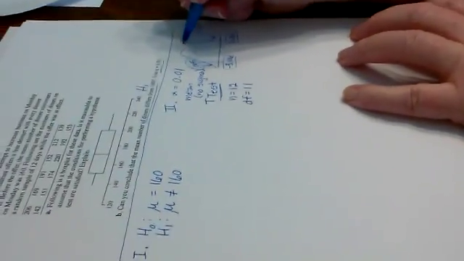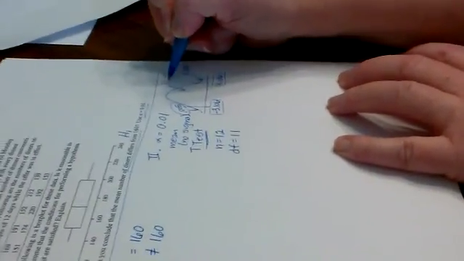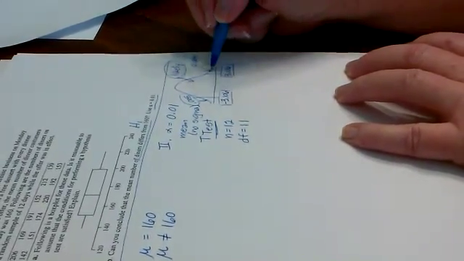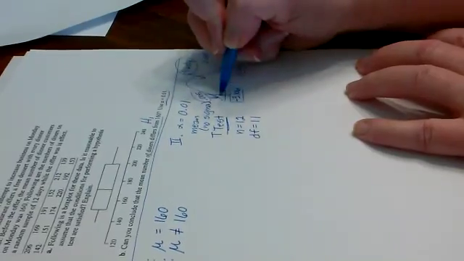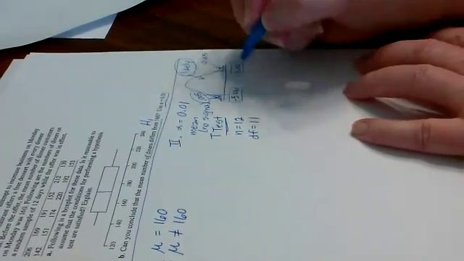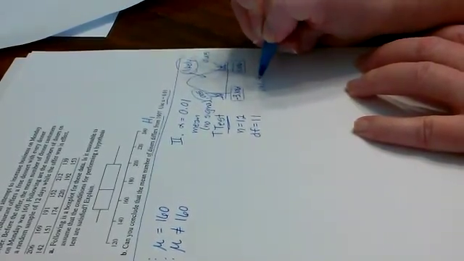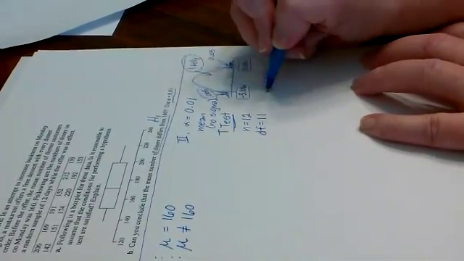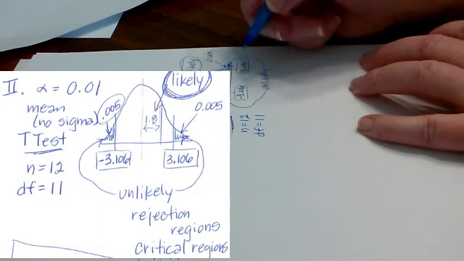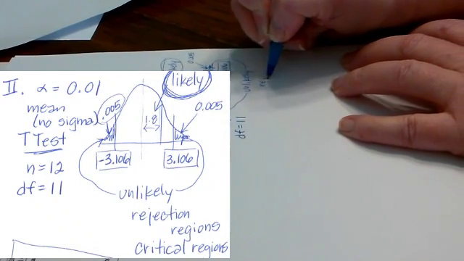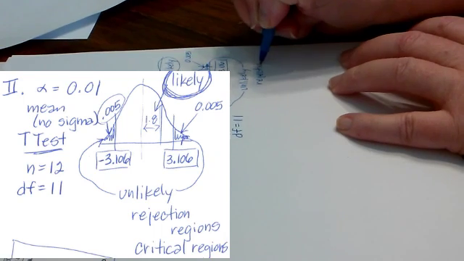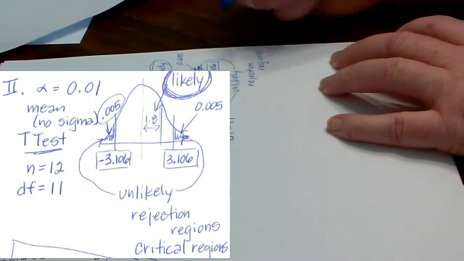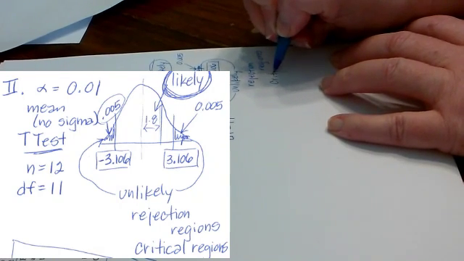So this is my likely space. Anything in between, if it falls in there, it's likely to happen. If it falls out in the tails, then it's unlikely to happen. And if it's unlikely, we're going to reject. So there's the unlikely space, and those are our rejection regions, also called critical regions.